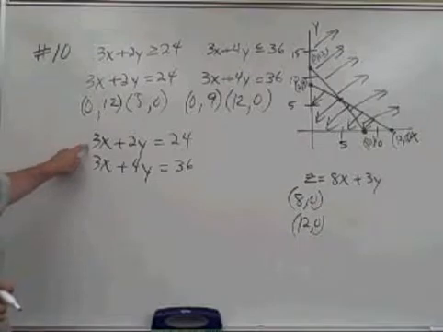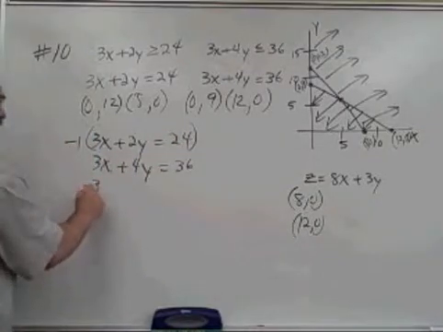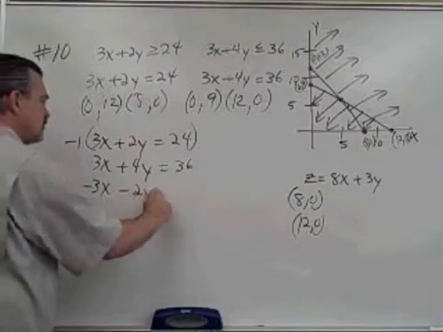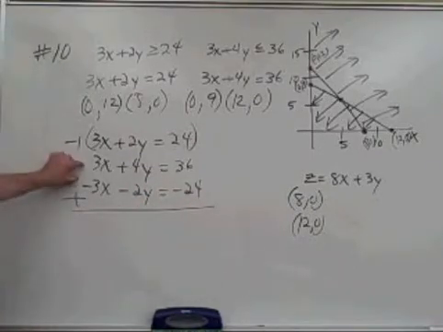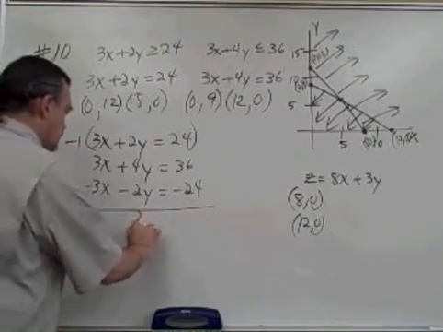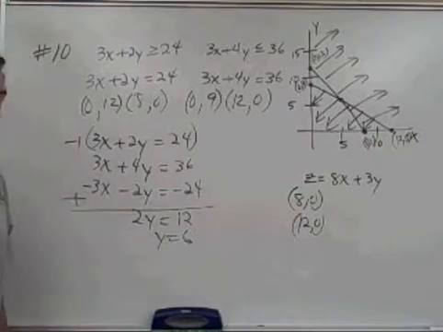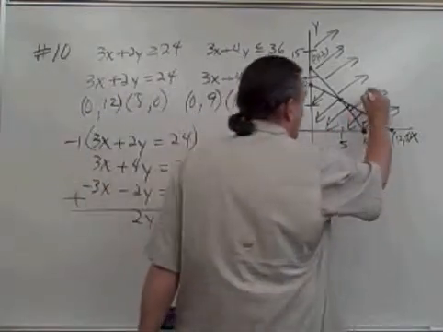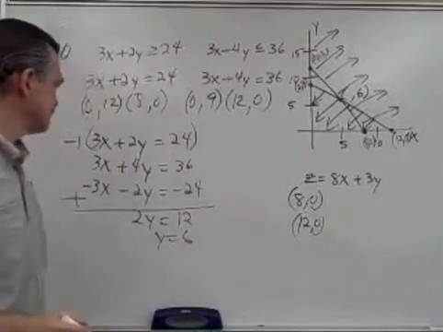So let's take this first equation, multiply it by -1. That'll give me negative 3x minus 2y equals negative 24. Adding the equations, 2y equals 12, so y equals 6. So now we know the y value of that ordered pair is 6.